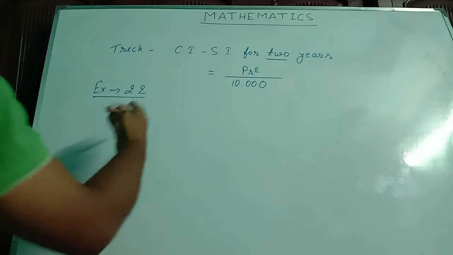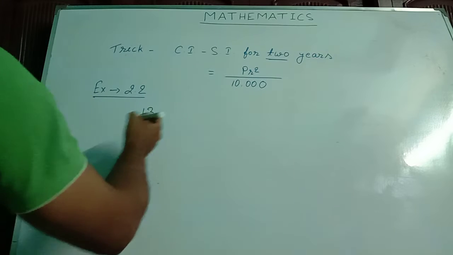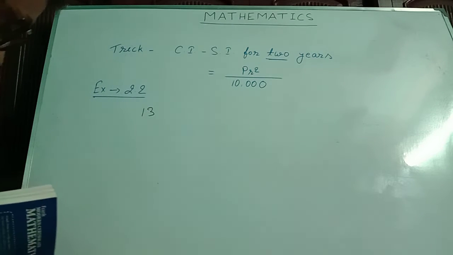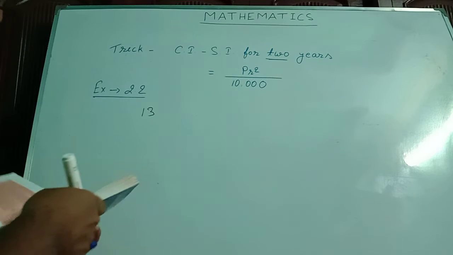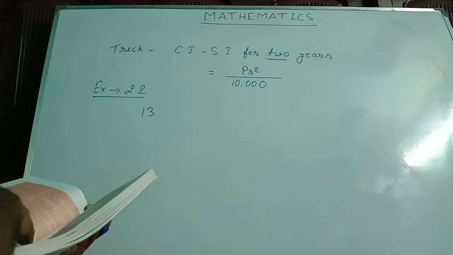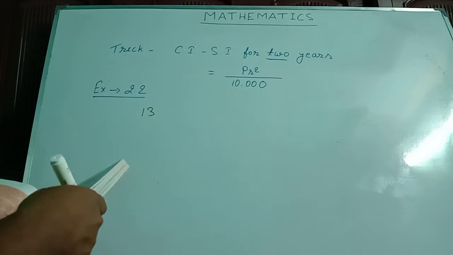Next question is question number 13. In question number 13, the given information is that the difference between CI payable annually and SI on 50,000 for 2 years is 125.